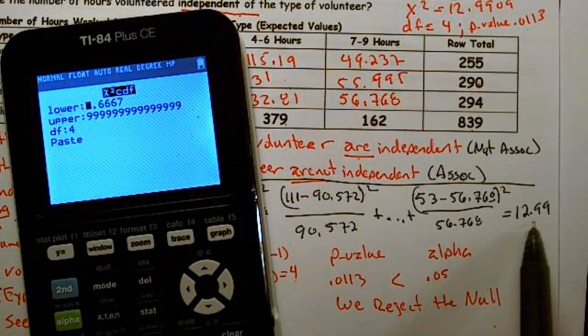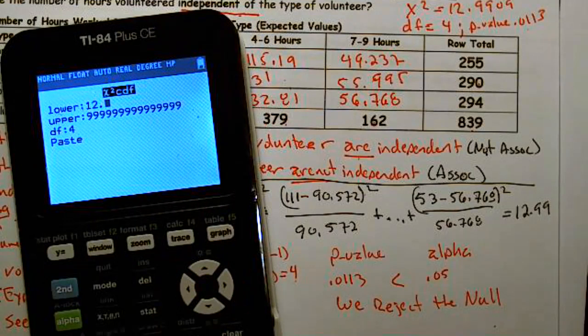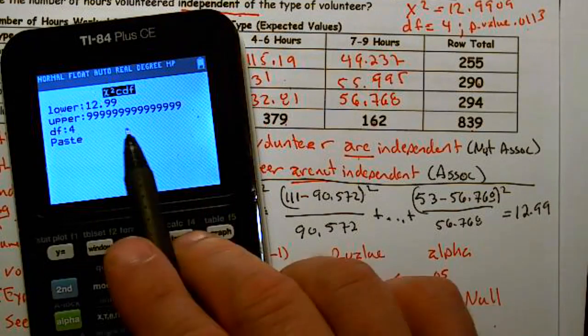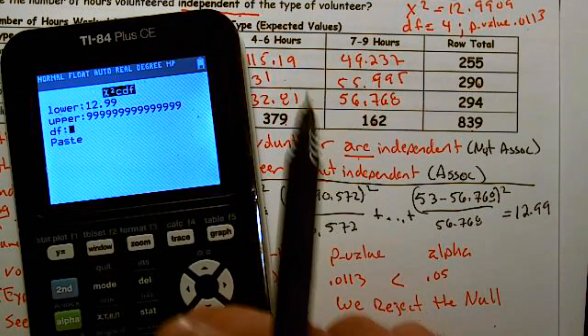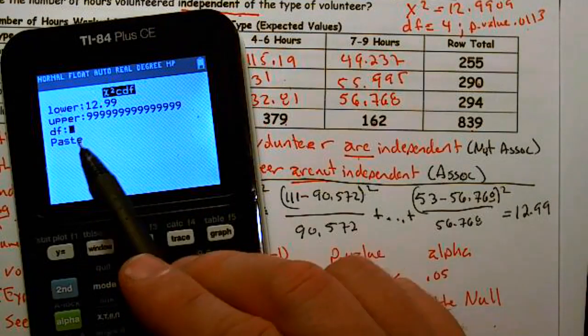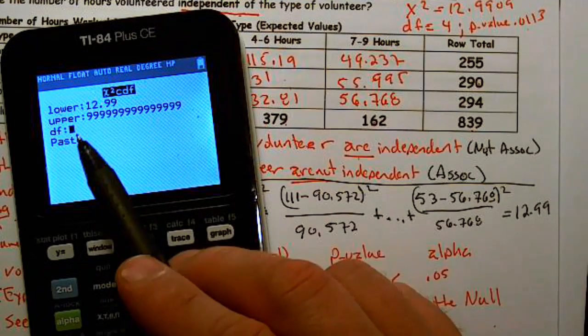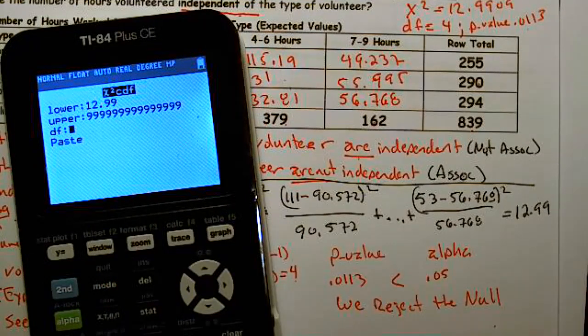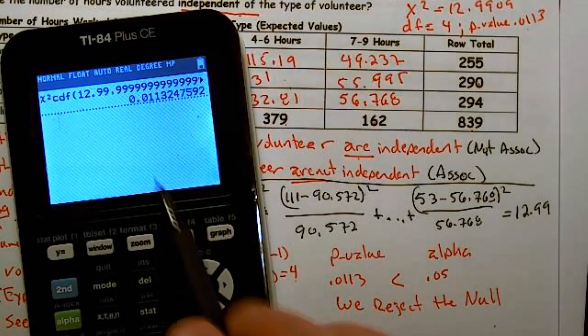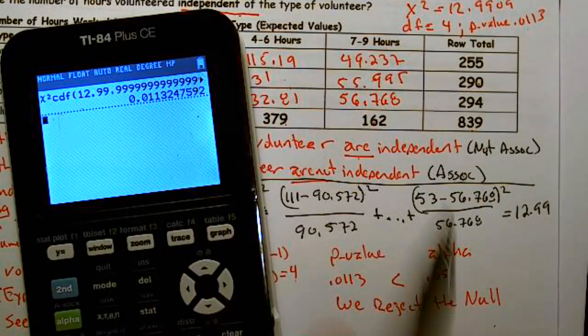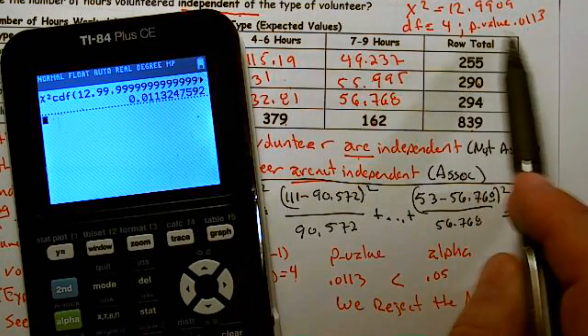Our chi-squared value, 12.99, going to positive infinity, which it always does. And our degrees of freedom in this case was the 3 minus 1 times the 3 minus 1, so the degrees of freedom is 4. And we get 0.0113. So we actually got the same p-value.